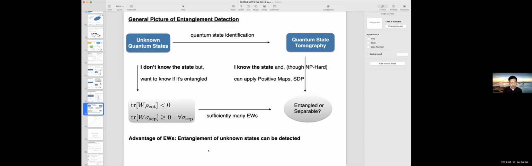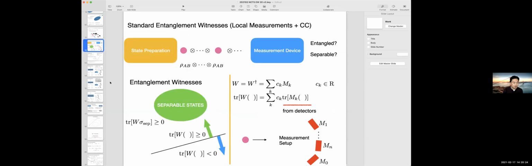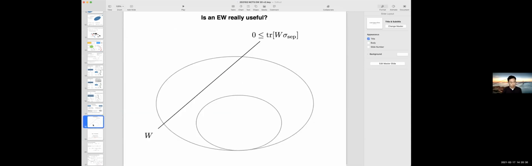So the advantage of entanglement witnesses is that entanglement of an unknown quantum state can actually be detected. But one important drawback is that it's not so clear how many measurements you need to realize an entanglement witness.